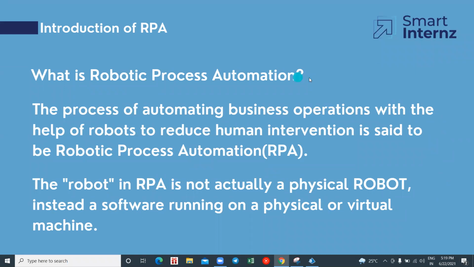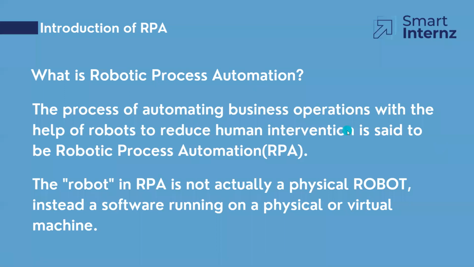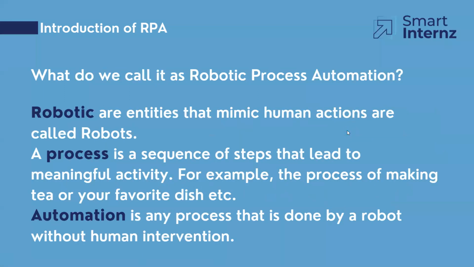So here you can see, yeah, it's automation, but the terminology is given, right? Robotic process automation. Why has this terminology been given? It could be any other name, right? So let's see why this has been called robotic process automation.